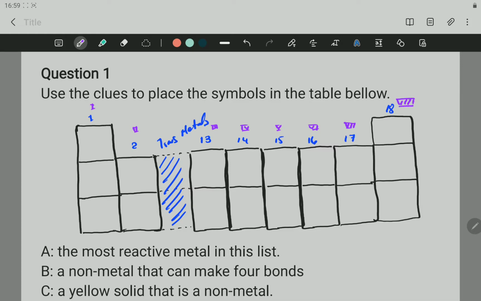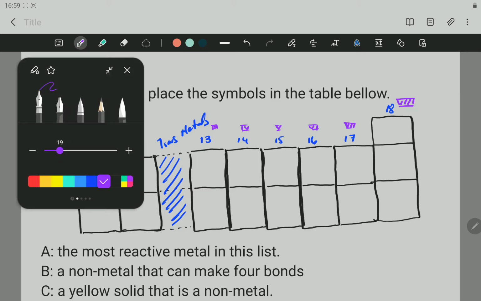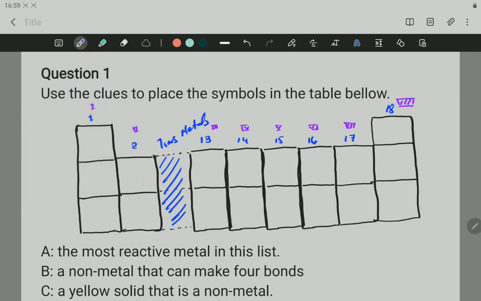Now, this one is important because we are going to use it later. On the left-hand side of the periodic table, we have period 1, period 2, period 3. Okay? This is important because it gives us an idea what portion of the periodic table we are working with. So, let's start answering.